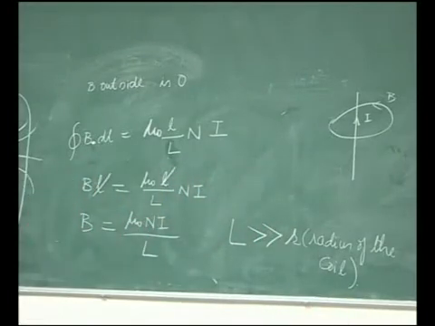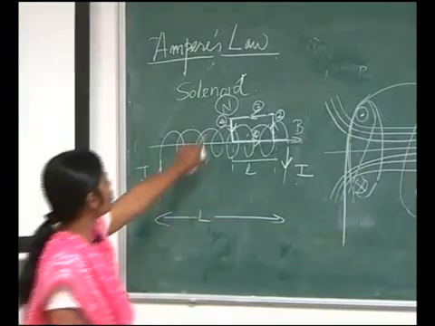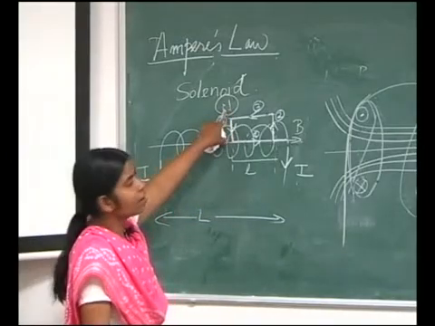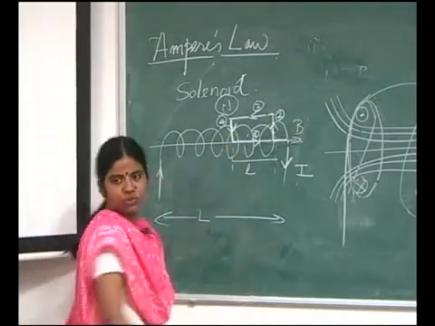Okay. Now, let us look at that example again. Suppose that you have N, say 2500 coils, 2500 loops.